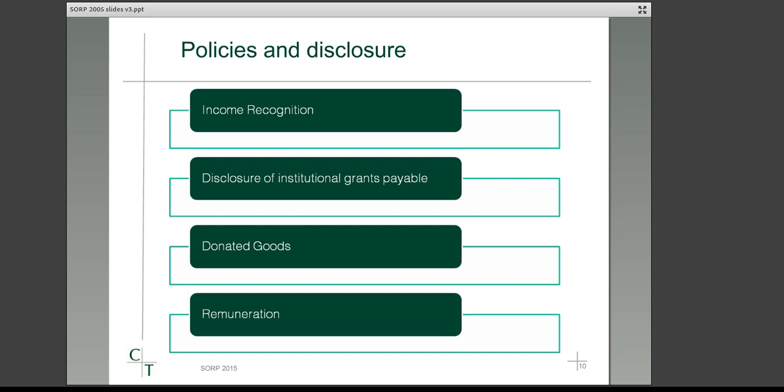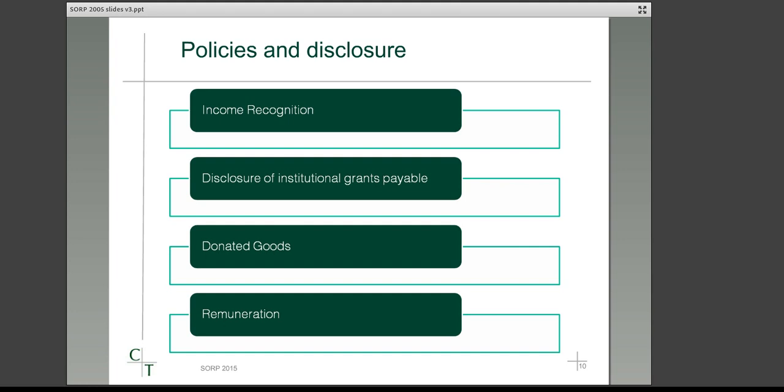The next point relates to accounting for donated goods. Now, where a charity receives goods for onward sale, then under the current SORP, you have to account for these at the value when you dispose of them, which is an easier accounting treatment. You know the value when you sell them, and that's when you take it into your accounts.